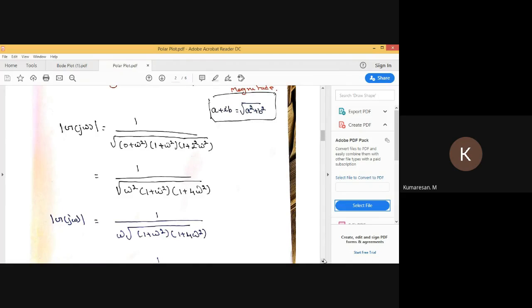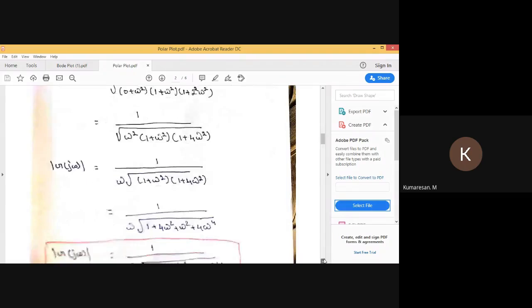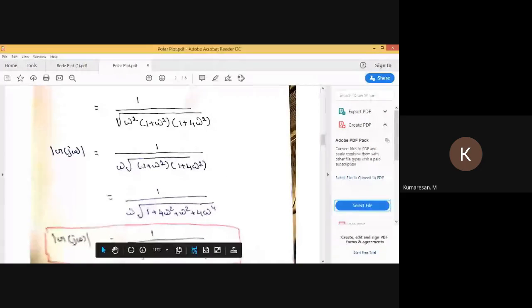Now we are going to multiply these two terms inside the root. Okay, 1 divided by omega root of 1 into 1, plus 1 into 4 omega square, then plus omega square into 1, omega square, plus 4 omega square into 4 omega square, 4 omega power 4.